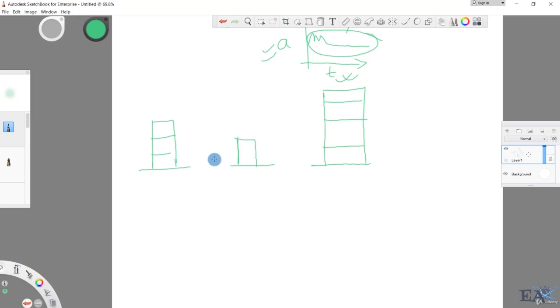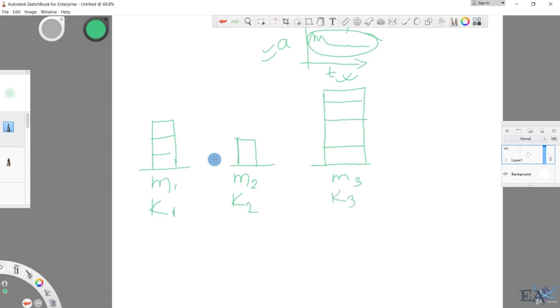So this building has got mass m and stiffness k. So let's give it m1 and k1, right? And let us suppose that this building over here has got mass m2 and stiffness k2, and this building over here has got mass m3 and stiffness k3, right?